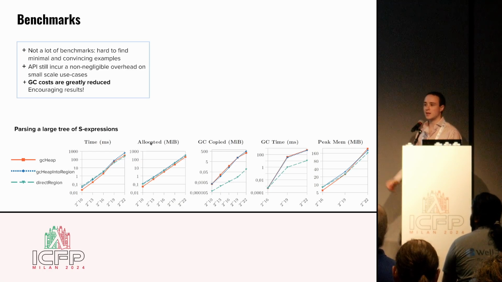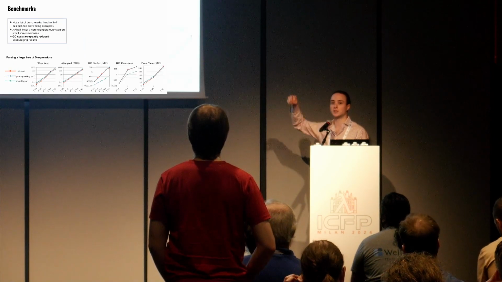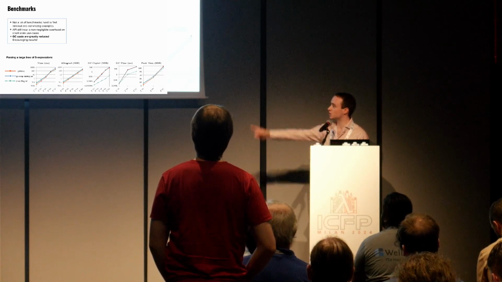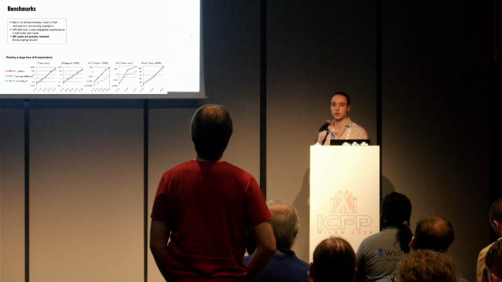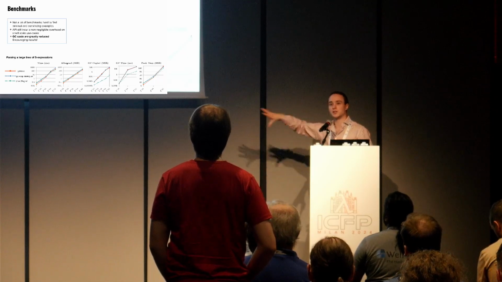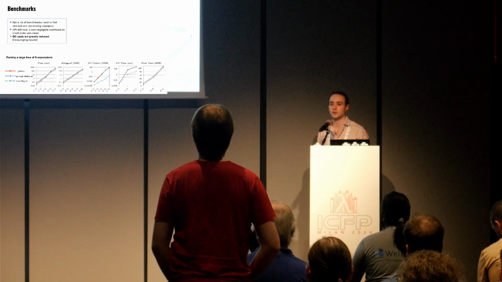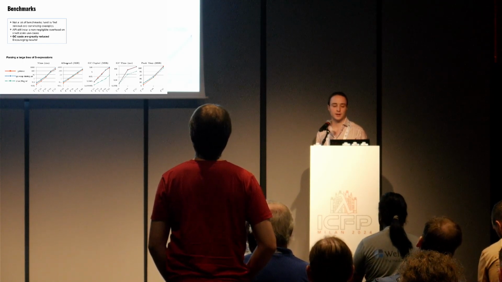Even without using the data tree after just parsing it, it is already traversed several times by the garbage collection when it is being built in the GC heap and GC-heap-into-region versions. So just by doing it directly into the region, we already get good improvements in garbage collection time.